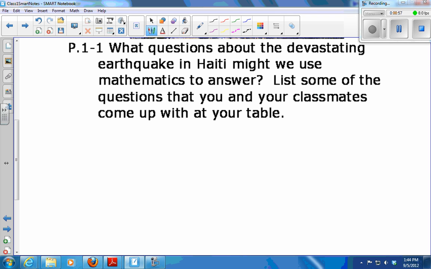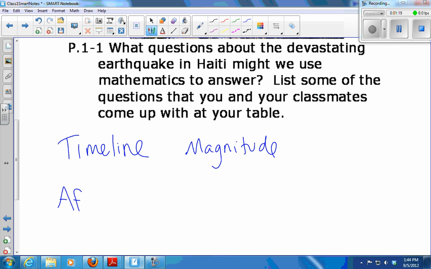Yes, so we could figure out a timeline. Yeah, good. Magnitude, which is how we mathematically measure the strength of an earthquake. Sure. You could have something about the number of aftershocks, the strength of the aftershocks.